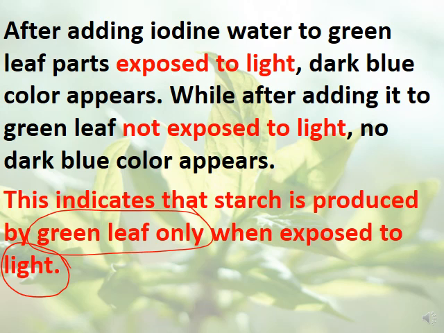There is a small note mentioned in the figure that the leaves are boiled in hot alcohol before immersing them into the iodine water. Why? Boiled alcohol is used to remove the chlorophyll pigment and the green color, so that whenever we add the iodine water, we can detect it properly.